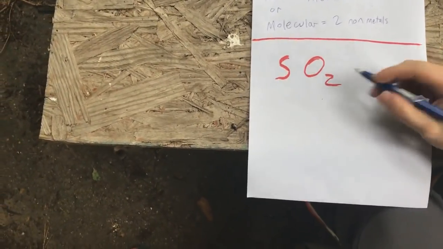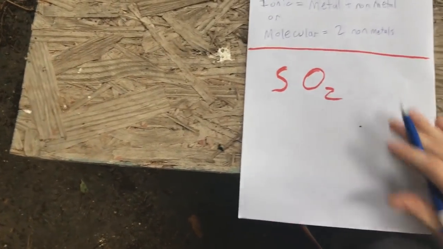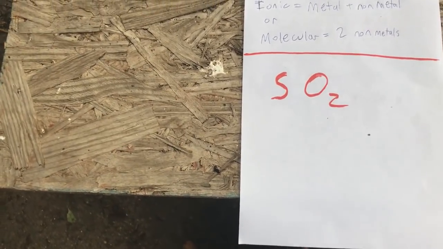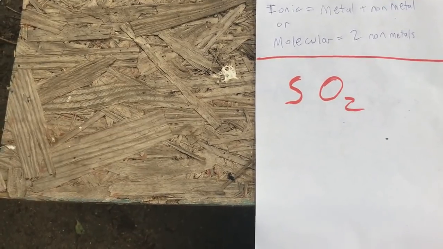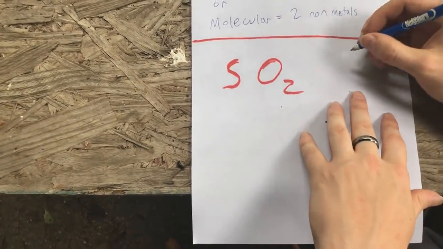If we're looking at something that's molecular, like this one, for example, SO2, that's two non-metals. If we're going to name that, really the only thing you need to know is first what the Greek numerical prefixes are.